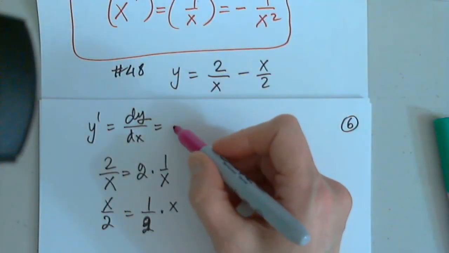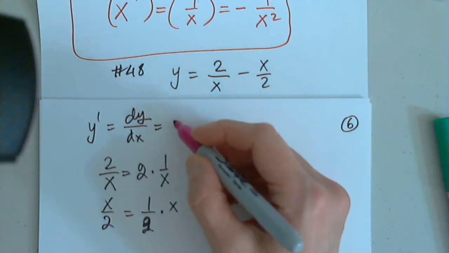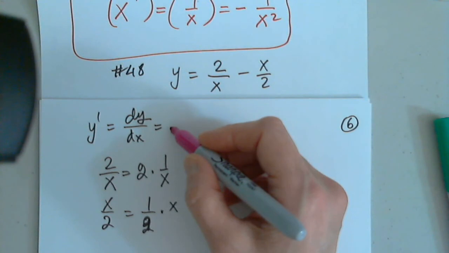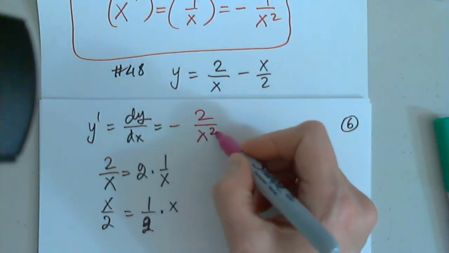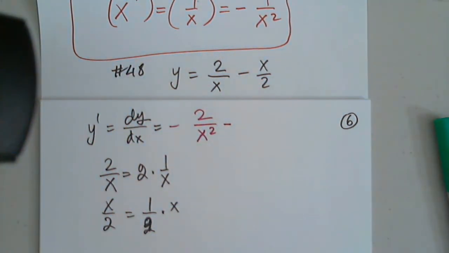So then 2 just stays 2, right? Correct. Okay, and then times negative 1 over x squared. Very good. Negative 2 over x squared. Perfect. And then I copy the minus. So let's differentiate this. What do we get? What is x prime? What does x prime equal to?